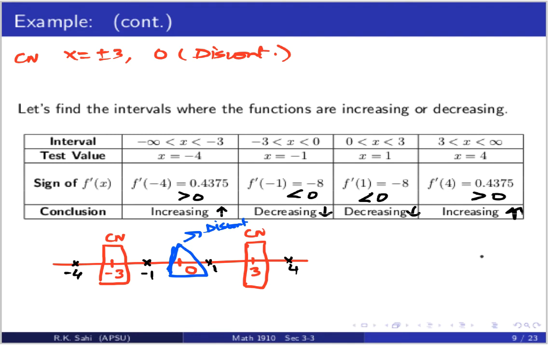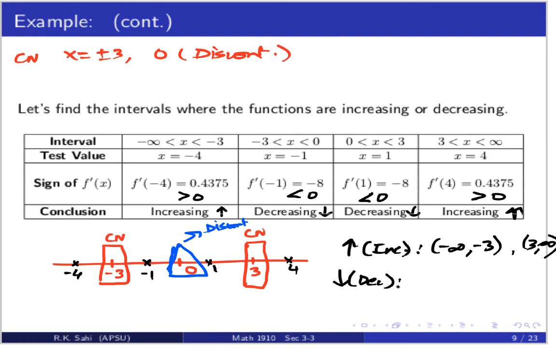It is increasing. Now I have to write down the open intervals. This is my increasing, remember. The intervals are -infinity to -3, and then 3 to infinity. Now where is the decreasing? Now you have to be careful.